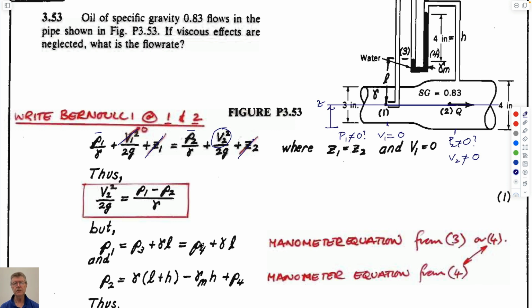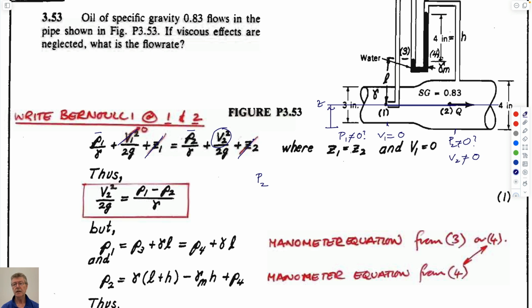It's not very useful to do that. If you want to get P1 minus P2, so if you rearrange Bernoulli, you get this. Trust me. So you want to get P1 minus P2. So let's write the manometer equation out in terms of that. P2, let's start at this point. We go up to this point here.